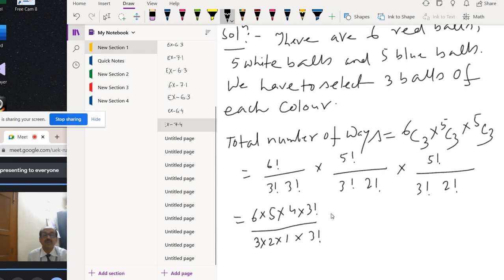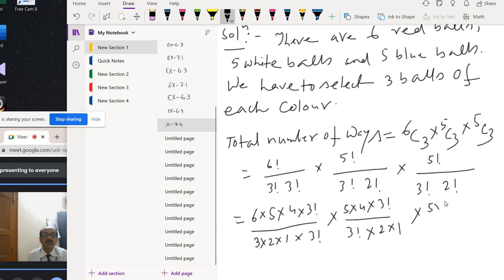This into 5 into 4 into 3 factorial by 3 factorial into 2 into 1. Same only.